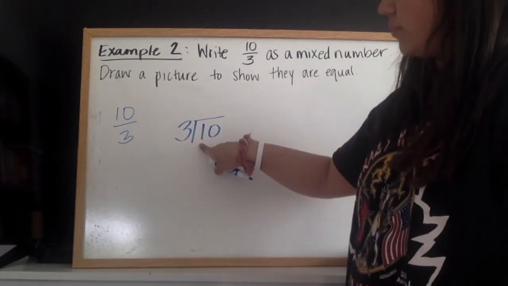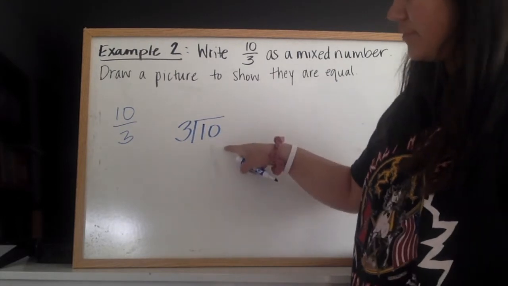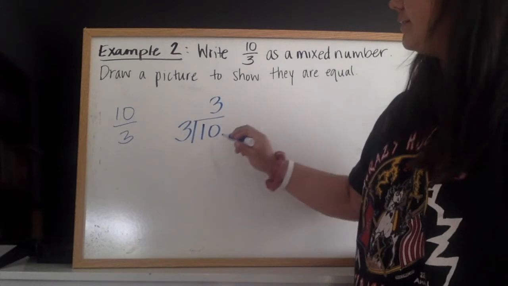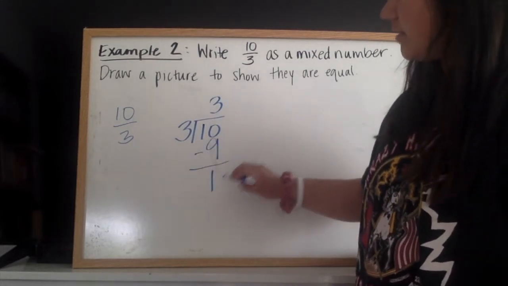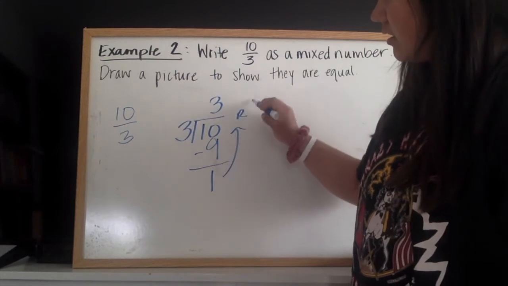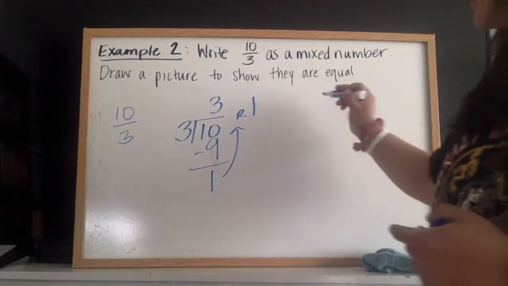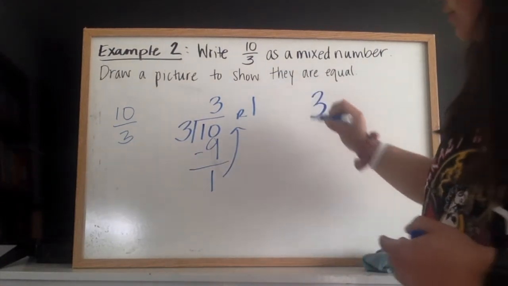3 doesn't fit into 1, so I'm going to try to figure out how many times it fits into 10 then. 3 times 3 is 9. When I subtract, I'll get 1. So there's a remainder of 1 here. So there are 3 whole numbers. 3 is my whole number.